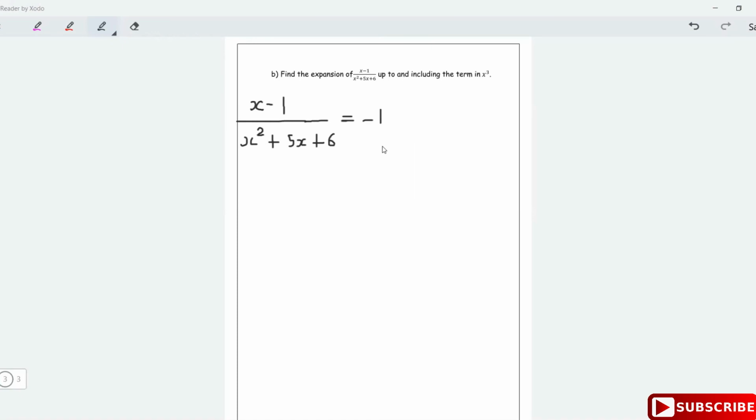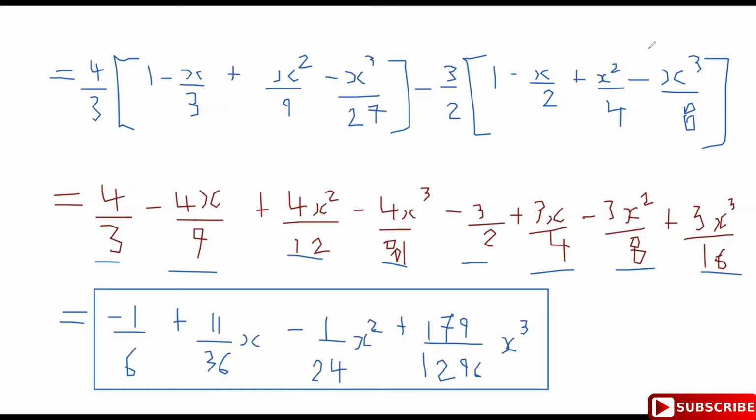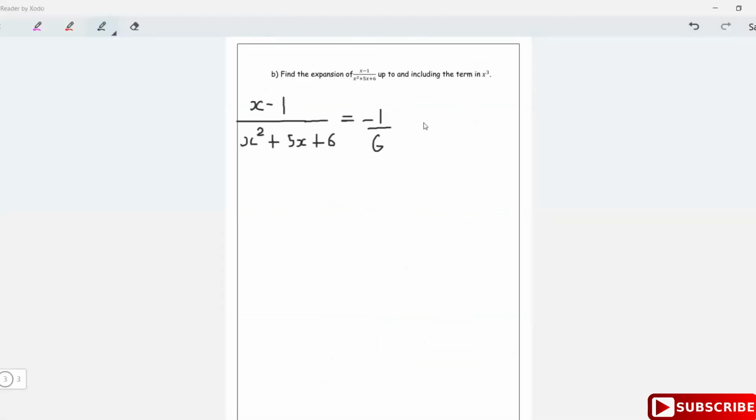That was the constant. I can't remember these numbers so clearly, so let's look back at it. It was 11x over 36. So plus 11x over 36.